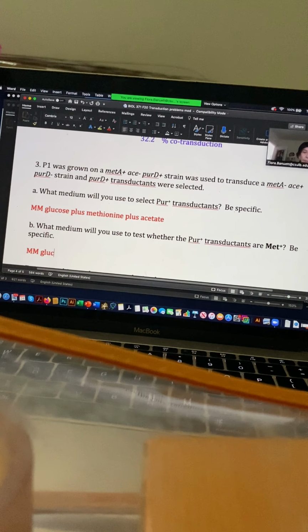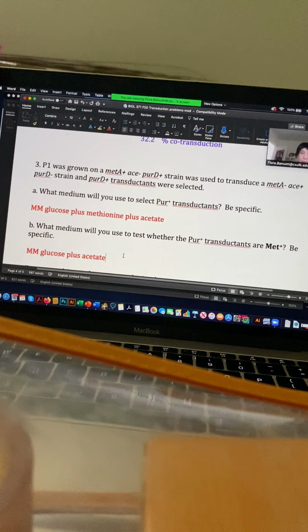So it's minimal medium, glucose, again, we have to give sugar. We are testing whether they are methionine plus, so we do not have methionine, but we add acetate, because some of them may be acetate minus. So if they don't grow, then they are met minus. If they grow, they are met plus, right?